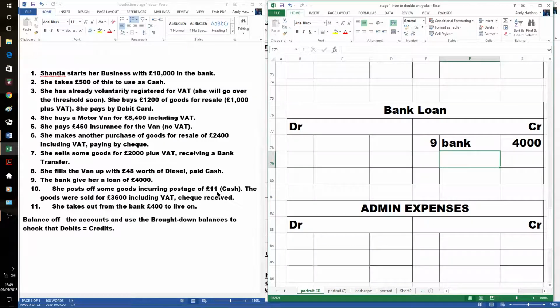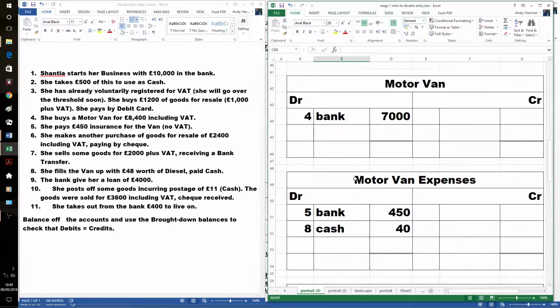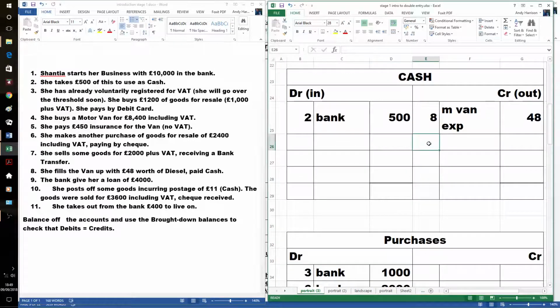We're going to post off some goods, incurring £11, which we're going to pay in cash, and then we've got a sale as well, should be. So what have we got? We've got cash, postage, £11. Postage got no VAT on it, doesn't say so, but stamps aren't vattable.